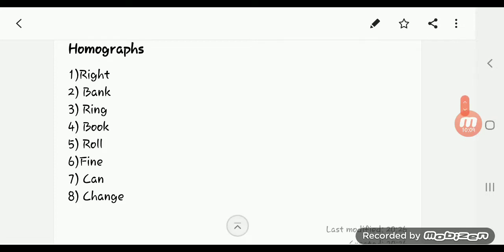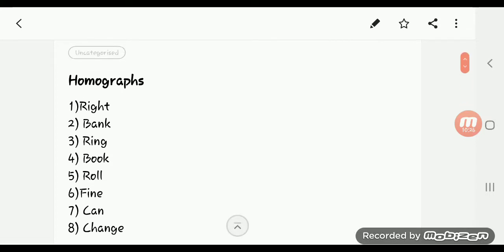So don't give me anything back. You keep it to yourself. That change is different. And change your clothes or change your attitude or anything like that. That change is different. One is a verb, one is a noun. So search for it. Homographs. You'll find many examples.